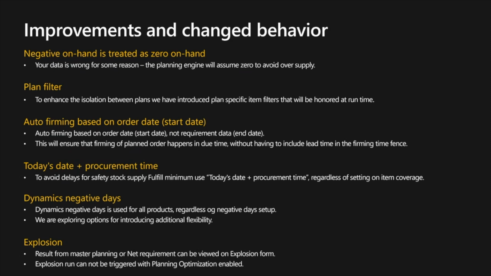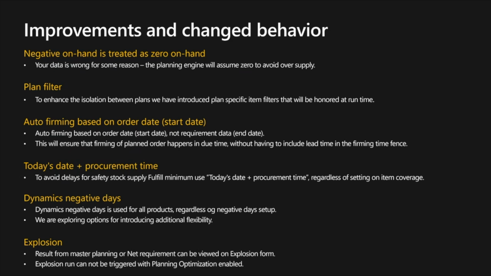This is basically done because we had a lot of customers complaining about delays because it was set to today's date only, not plus procurement time. And what we're seeing is that I would say 99.9% of all the customers we talked to have been super positive about this change because they didn't actually realize that they were getting a lot of delays and the setup was very confusing.